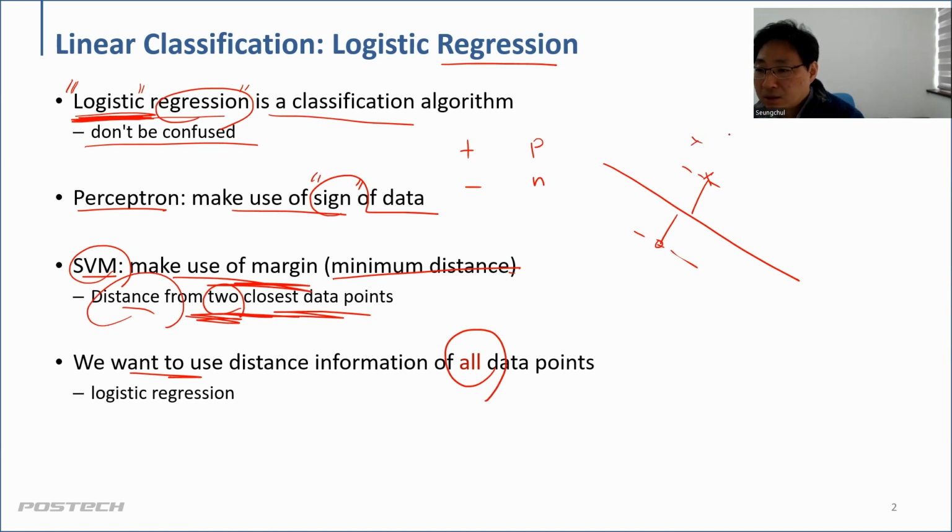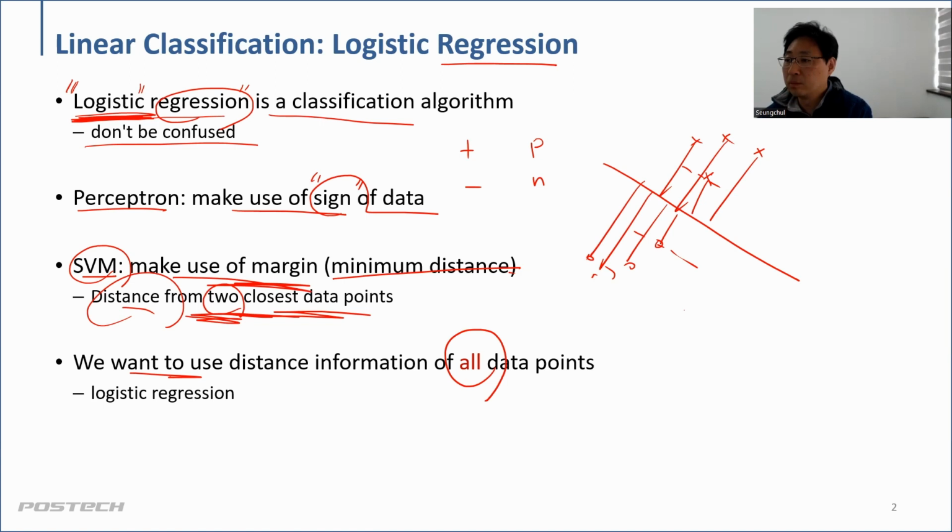And if you have a bigger data set, I want to utilize all the distances. That's the basic starting point, and we might have room to improve. So this is what we call logistic regression.